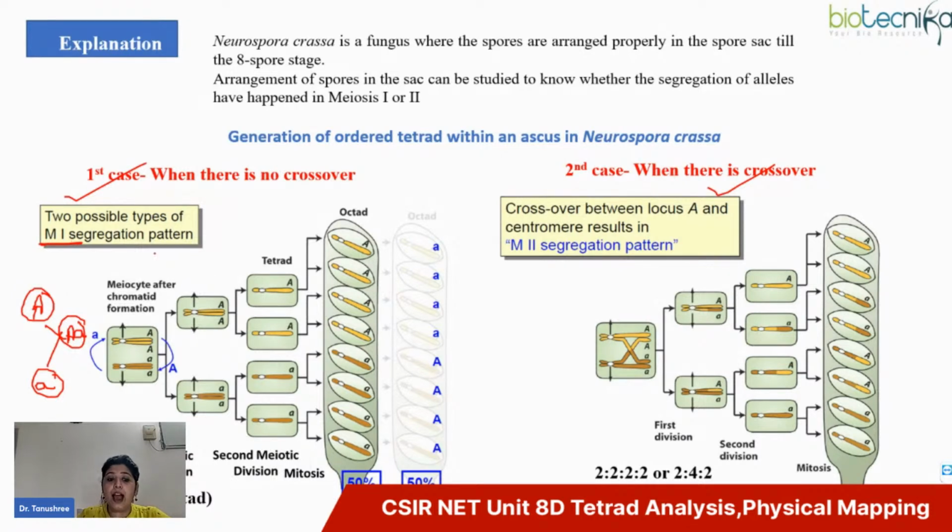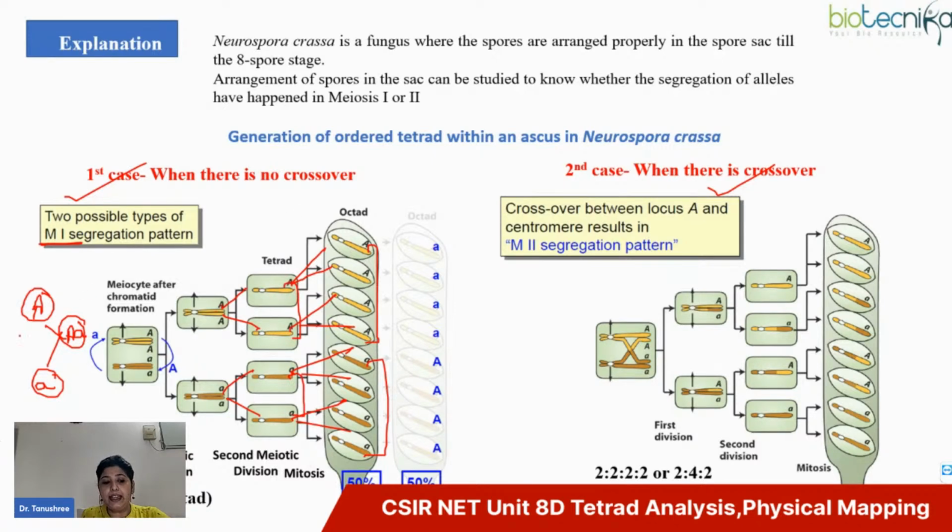Meiosis 1 is followed by meiosis 2, and then by mitosis, so this forms these two, this forms these two, this forms these two, and this forms these two. The ratio is 4 to 4 in an octad, 2 to 2 in a tetrad, right?